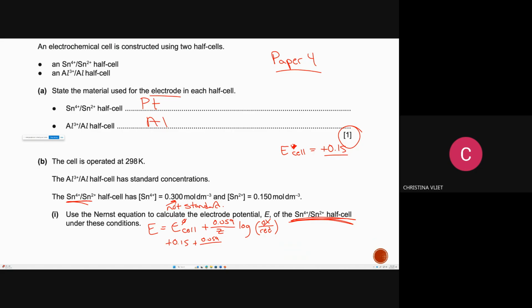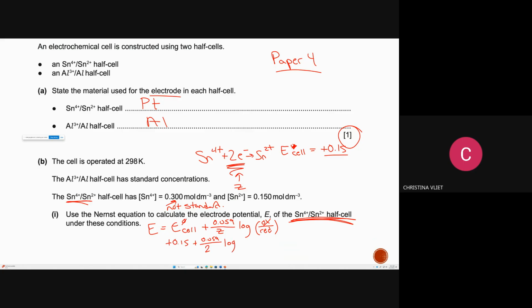You look at the difference in the charges to figure that out, or you could look at the half reaction in the data booklet, it's 2. Sn4+ plus 2e- goes to Sn2+. This is going to be your Z. It's 2.